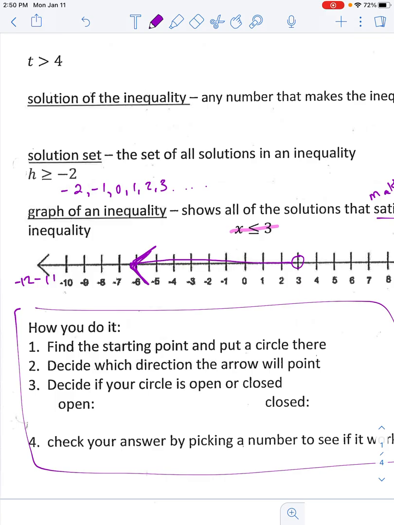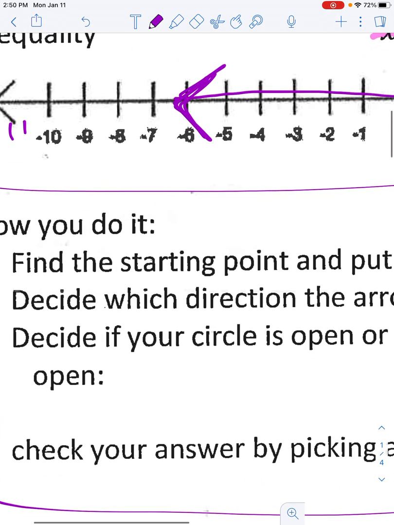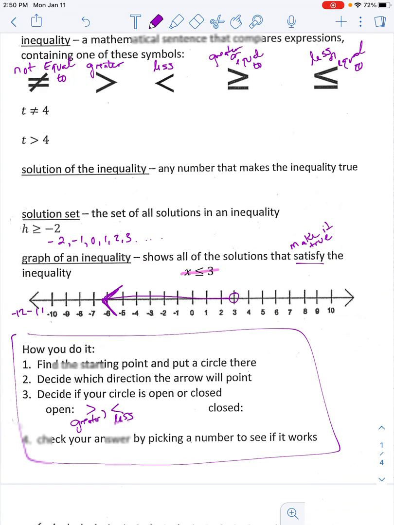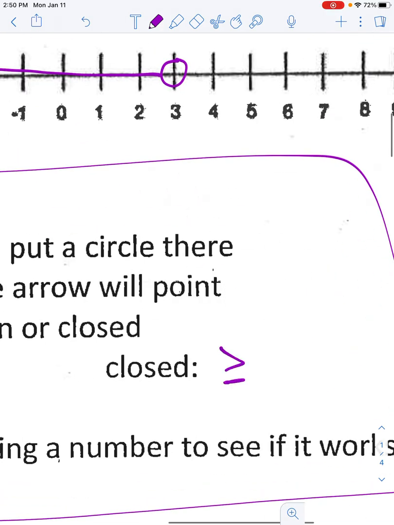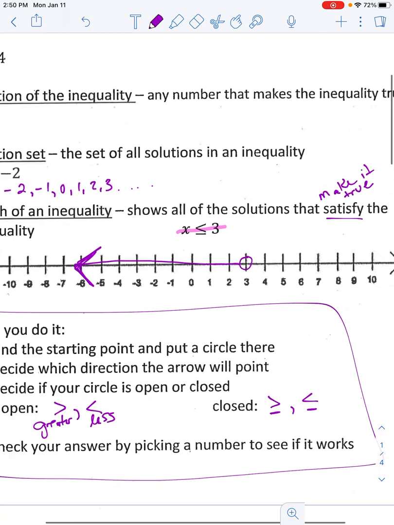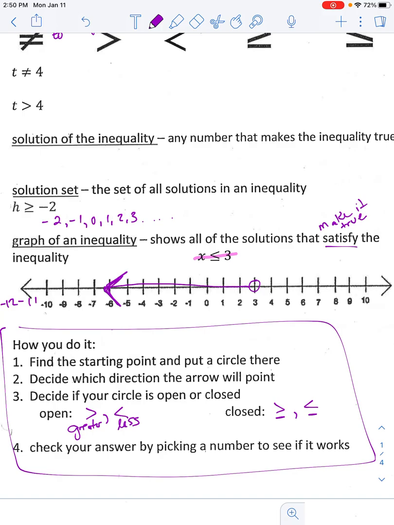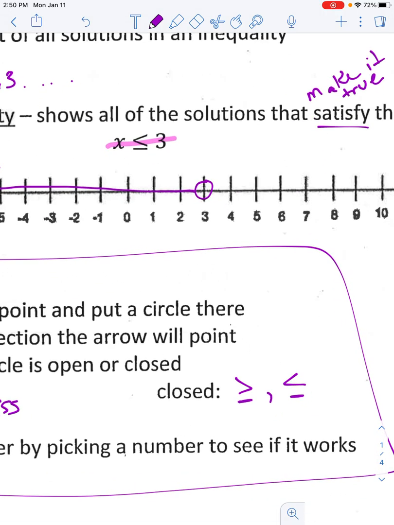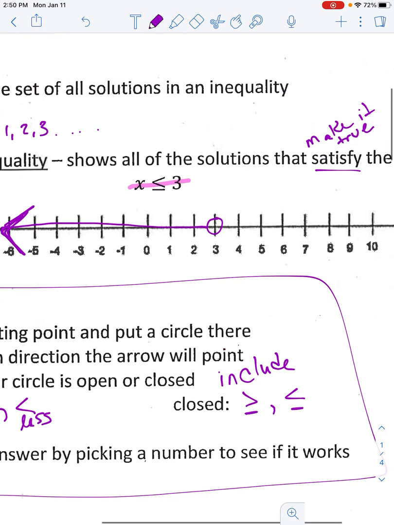Decide if your circle is open or closed. This may be the new part, okay? An open circle is for less than or greater than, although I just put greater than or less than. And then a closed circle is for greater than or equal to, less than or equal to. So think of that greater than or equal to, less than or equal to, it's including that number.